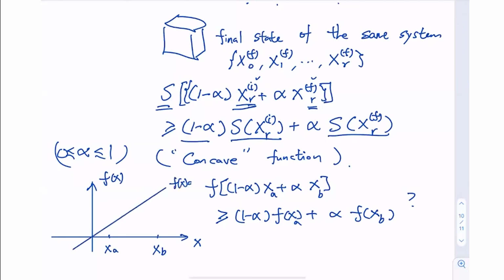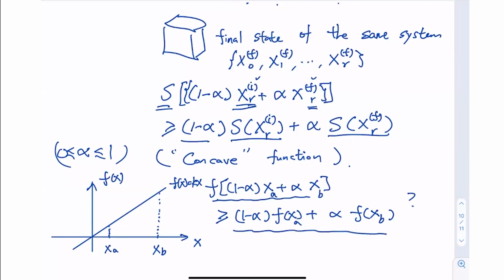This is the simple straight line that we are familiar with, f of x equal to kx. For this particular choice of function form, we can ask what is the value from the left-hand side of the equation and the value from the right-hand side of the equation.